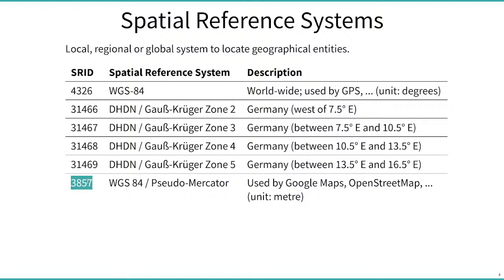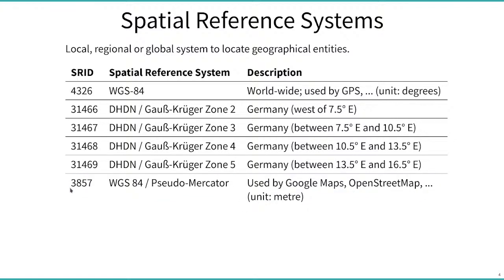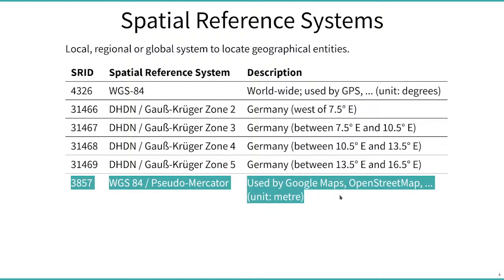So here we have X and Y coordinates, but not in 0 to 90 degrees north, south, 180 west and east anymore, but we now have meters here. And this mapping is really useful for calculating distances. There you can say, give me the distance between 2 points.